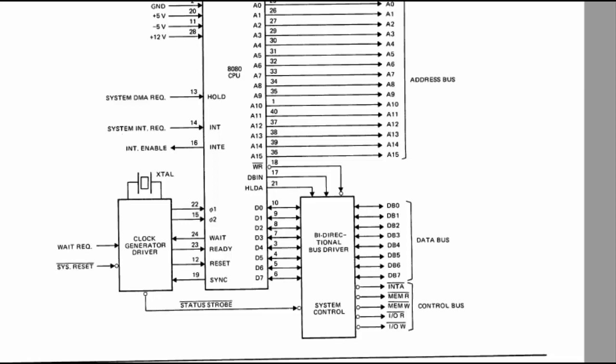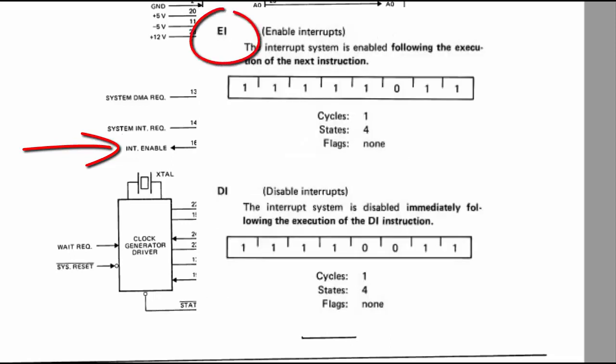For some reason, Intel decided to commit an output pin on the 8080 to give us the status of the interrupt latch inside the processor. So when we issue an EI instruction to enable the interrupts, pin 16 goes to logic 1. When we issue a DI instruction to disable the interrupts, pin 16 goes low.